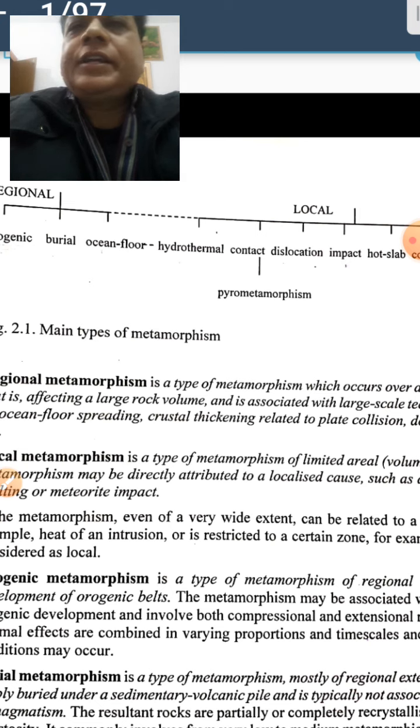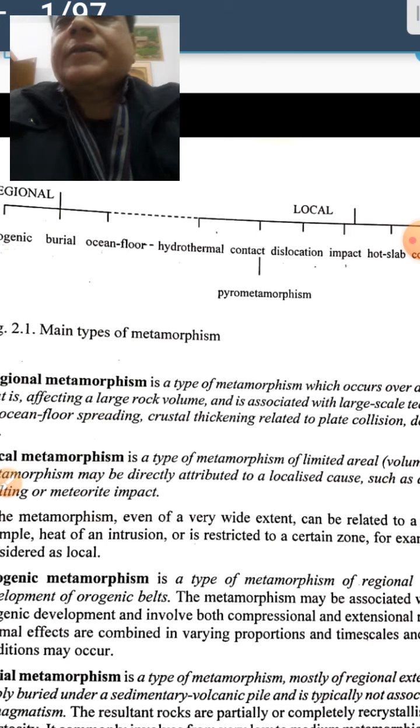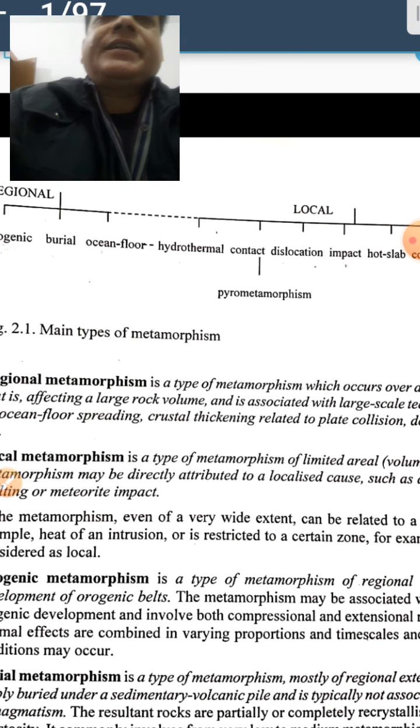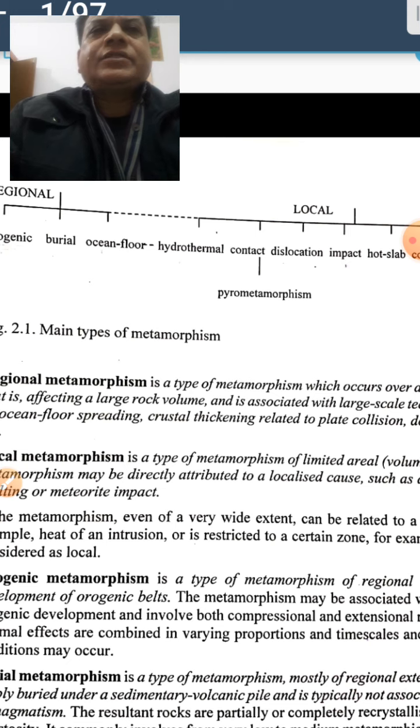The process is mainly due to an adjustment of the rock to physical conditions that differ from those under which the rock originally formed and also differ from physical conditions normally occurring at the surface of the earth and in the zone of diagenesis. The process may coexist with partial melting and may also involve changes in the bulk composition of the rock. So the changes take place in the solid state due to change in the physical conditions.